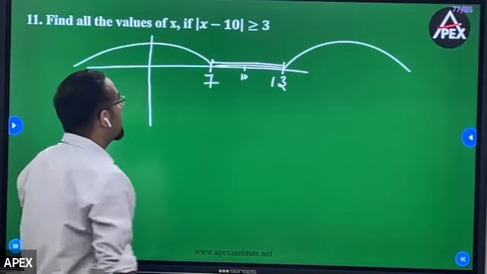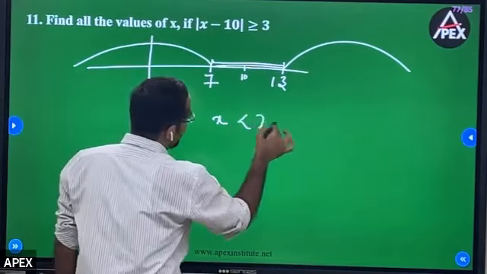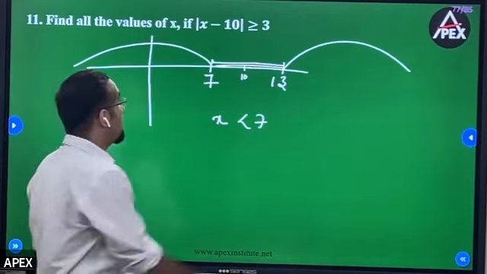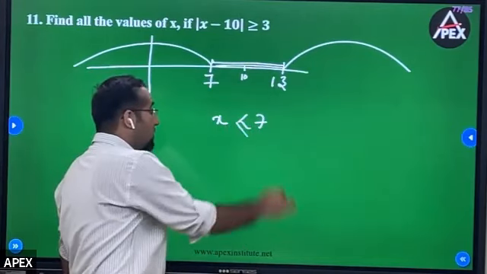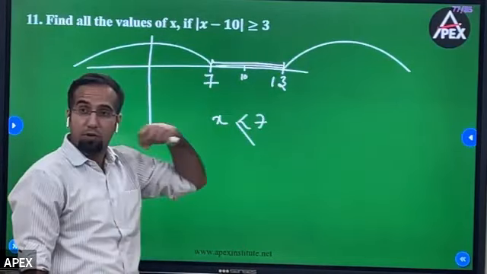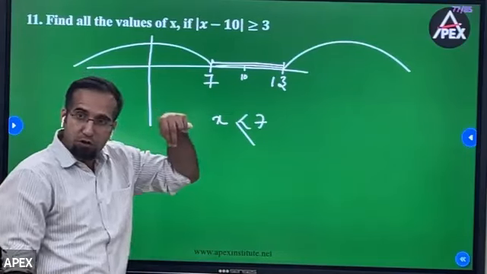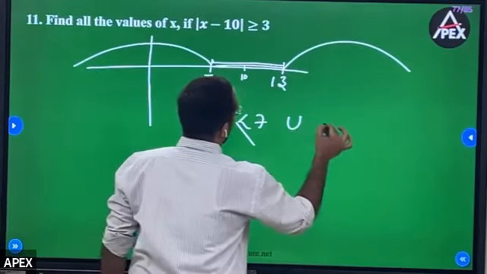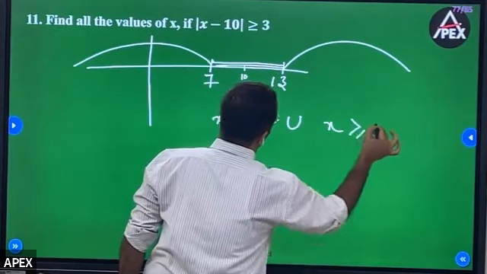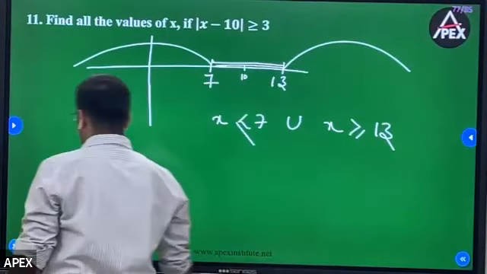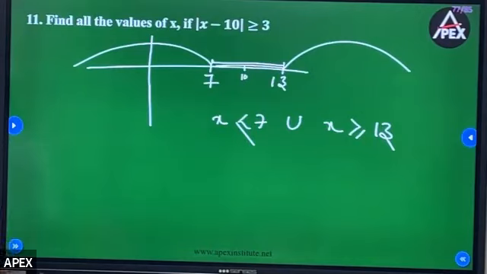Clear? So in short, your answer is going to be x is less than or equal to -7, because the sign is greater than or equal to 3, so 7 will also be included. Clear? Union x is greater than or equal to 13. This becomes your answer. Clear?